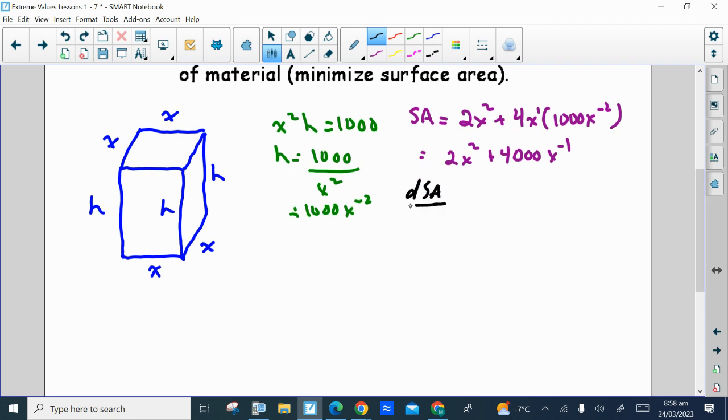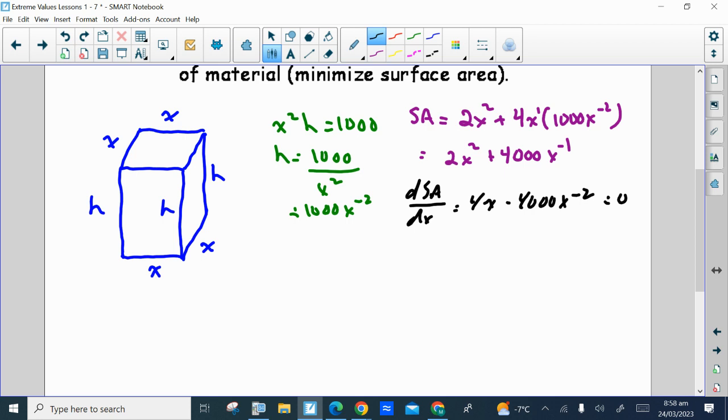So dSA over dx will equal 4x minus 4,000 x to the negative 2. And we want to know where that equals 0.